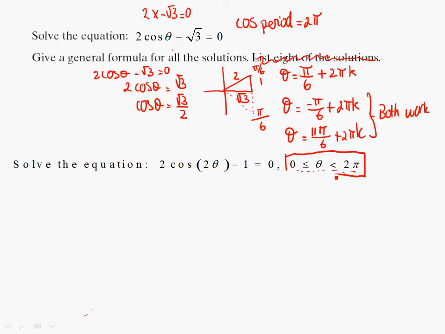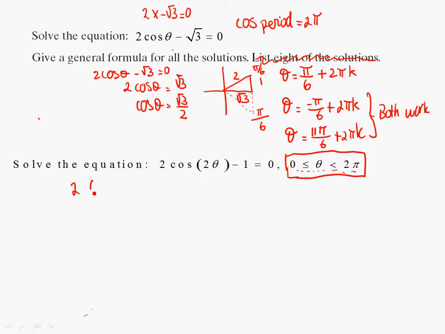Because you could really sit here and list infinite solutions. So often we restrict our answers to only within the first rotation. That changes the answer slightly, but we still need to take into account that whole 2 pi k, and you'll see that in a second. So let's see.